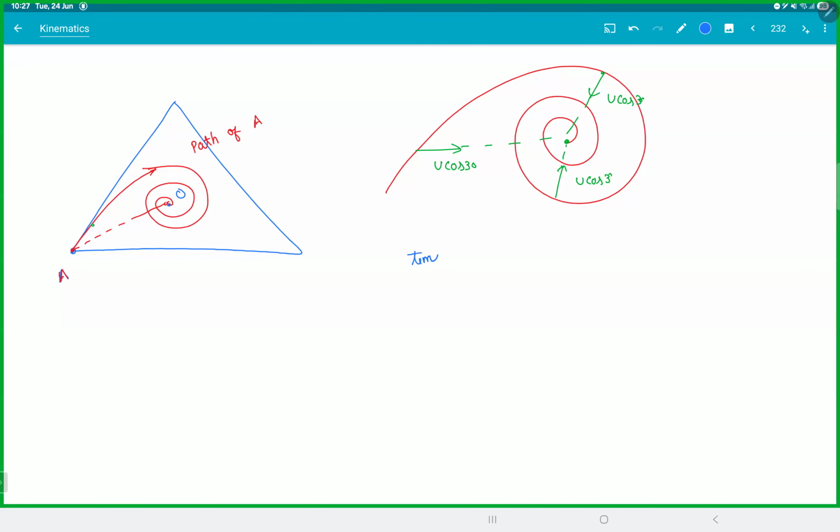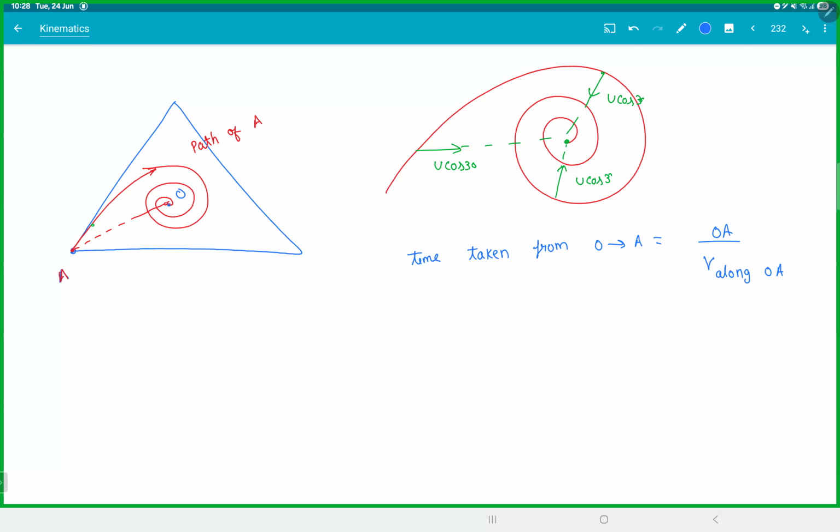Therefore, the time taken to go from O to A will be nothing but the length OA by speed along OA. Do you agree with this statement here? If you're going from O to A, then I'll take the distance O to A and I'll take the speed along O to A. So in a centroid, what is the length OA?